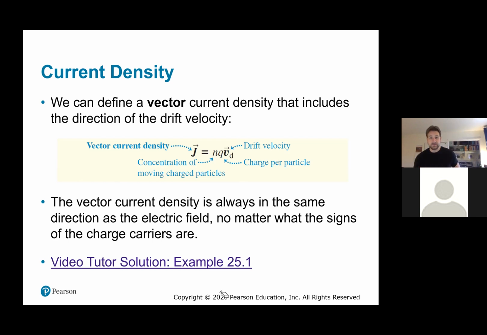Vector current density. The magnitude of J, the magnitude of J is the current divided by the cross-sectional area.